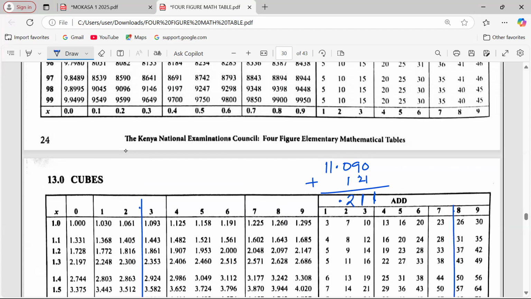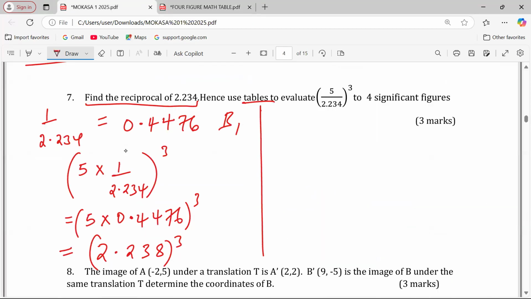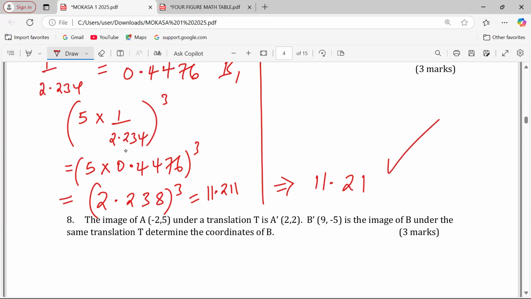This becomes 2. So 11.211. But now we've been advised to 4 significant figures. So the final answer will be 11.21. That is the final answer.